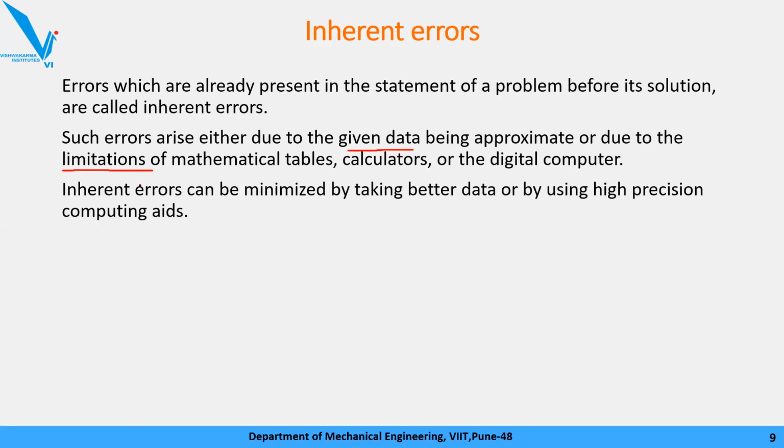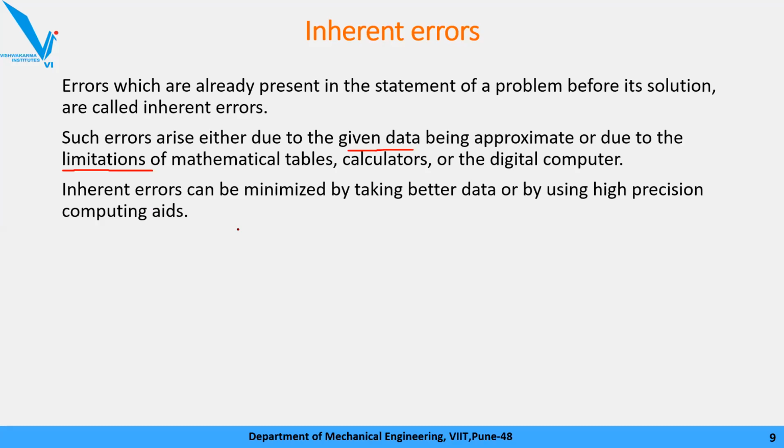This inherent error, we cannot do anything about it. It is given by somebody or a third party, and we don't have any control over it. Our numerical method is affected by that inherent error, but by mathematical or numerical methods we cannot operate on it, so we leave inherent error as it is.